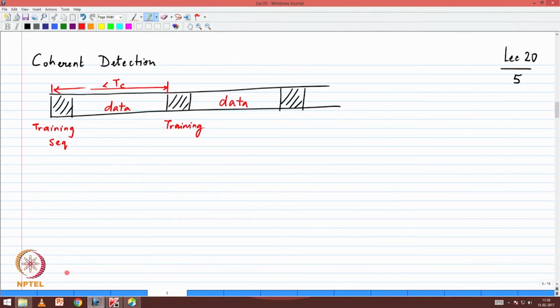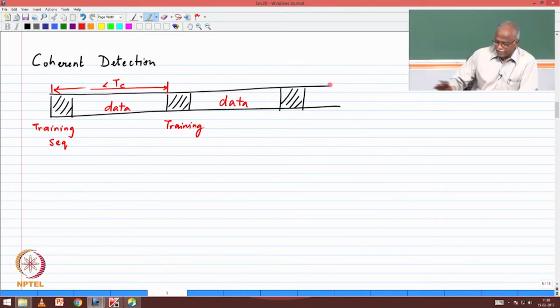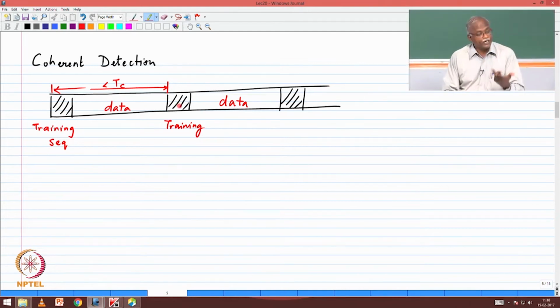So here is our explanation and insight into the methods. The way the data would be transmitted, user data segments are interspersed with overhead, and we often call it a training sequence. And what is it that you're training? Why the name training?